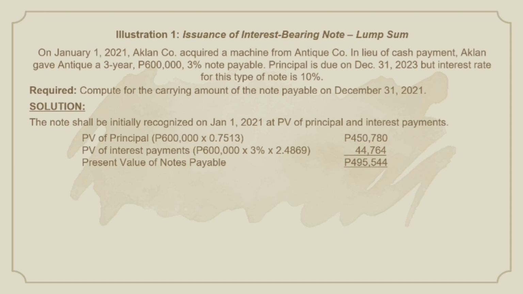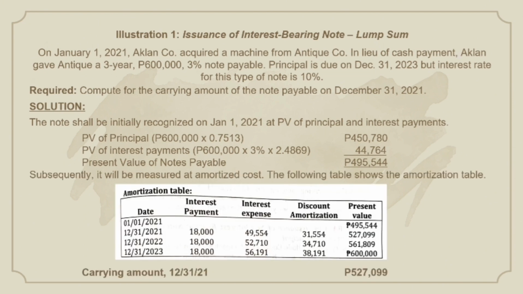We have here 44,764. So the present value of notes payable is 495,544. So to arrive at the carrying amount, it will be measured at amortized cost. So the following table shows the amortization table.